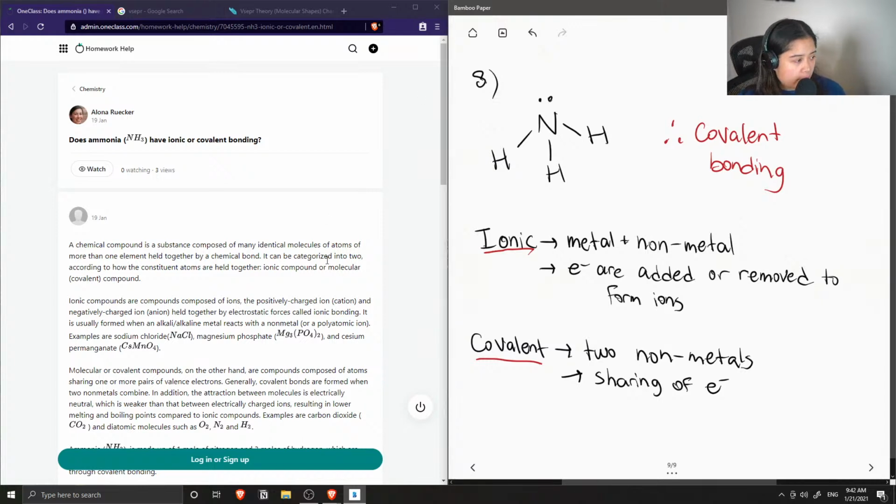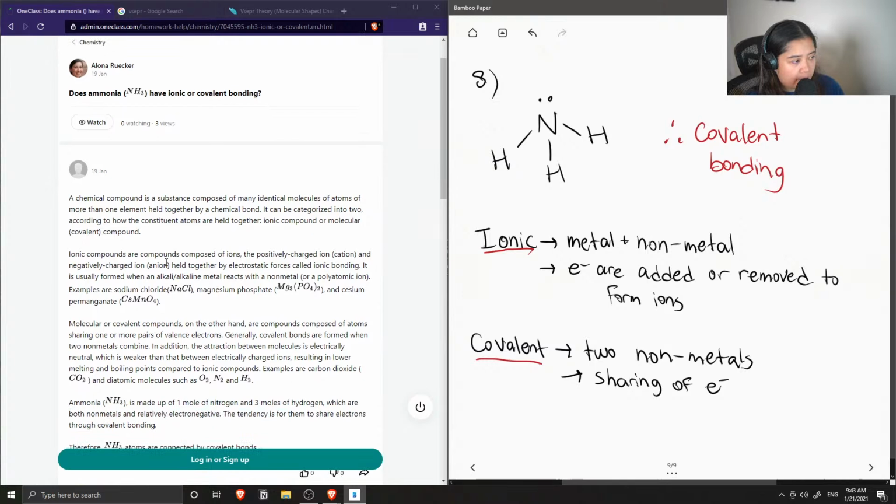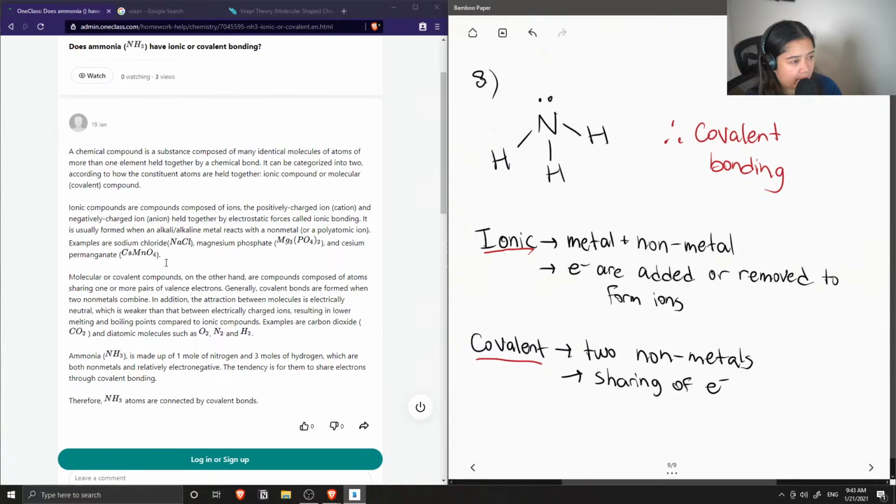Okay, so the junior tutor said that a chemical compound is a substance composed of many identical molecules of atoms of more than one element held together by a chemical bond, and can be categorized into two according to how the constituent atoms are held together: ionic compound or molecular covalent compound.